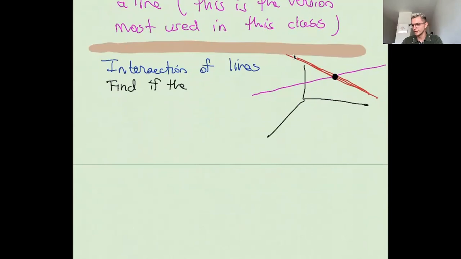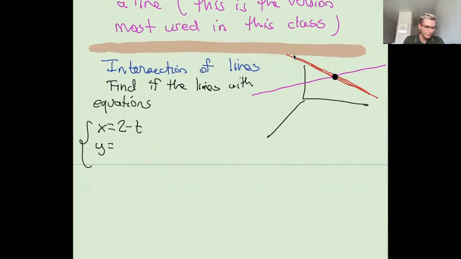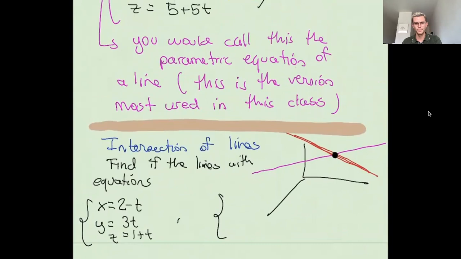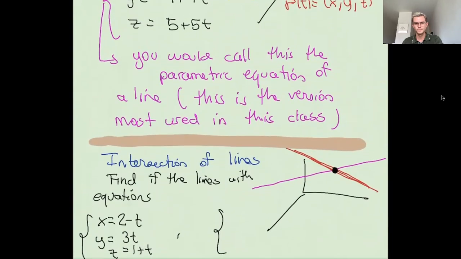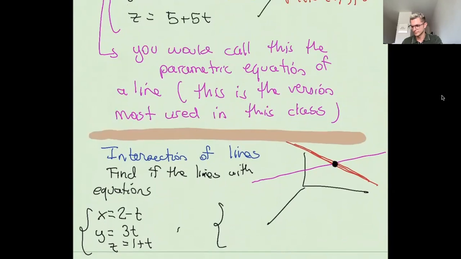So find if the lines with equations. And again, as I said, most of the time, this is how the line will be given to you. So let's intersect. Yes, I can scroll here. Is this enough? Or do you need me to scroll more?